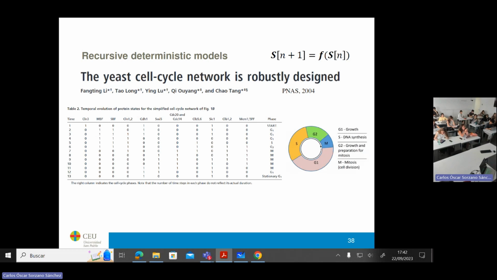And for instance, in this paper, what they did is look at a few proteins of interest, some proteins that are related to the phase of the cell. The cell has a few states.